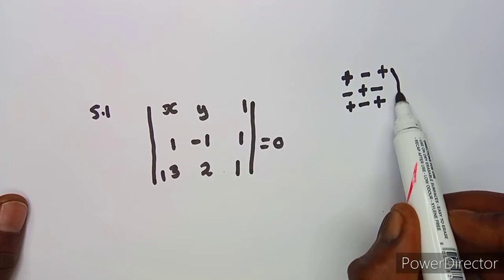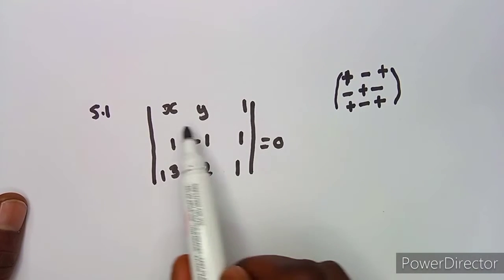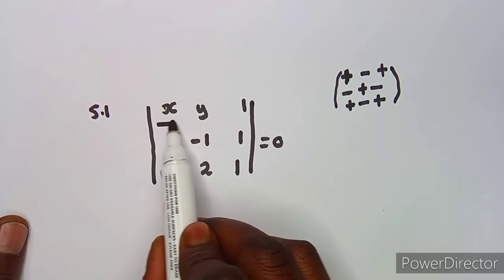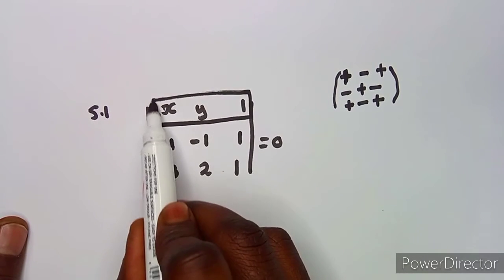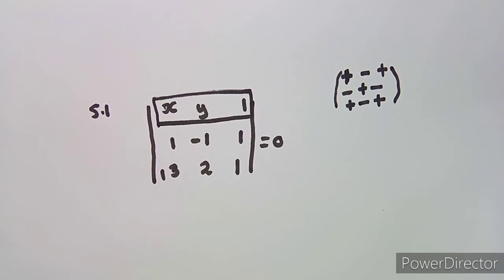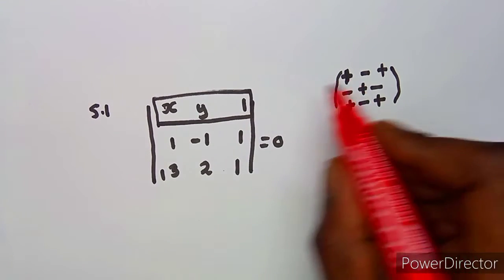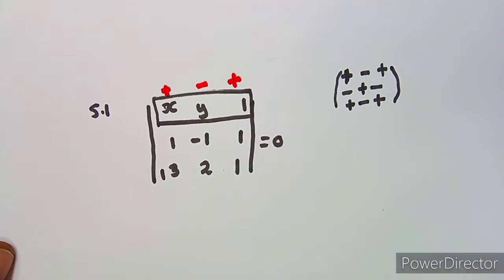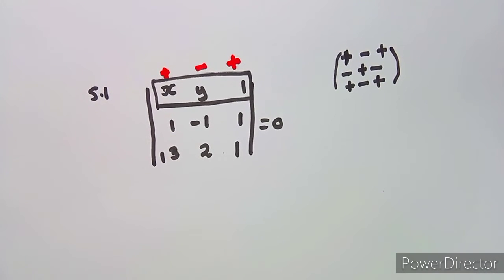That's how you can easily take the sign that is going to affect each row or any corresponding column you are given. In this case, I'm going to work with the first row, so the signs are going to be plus, minus, and a plus.